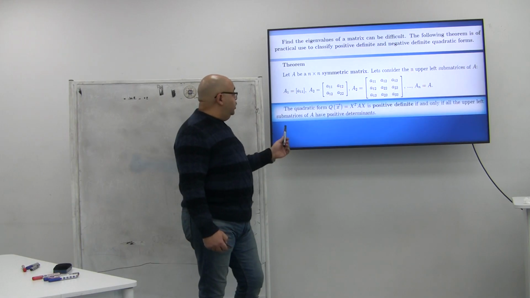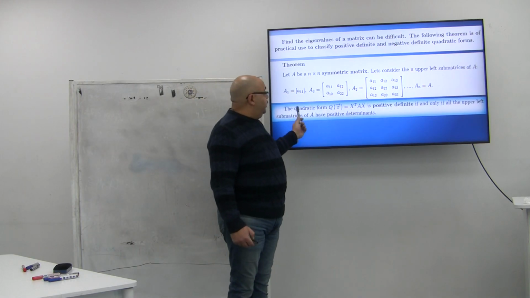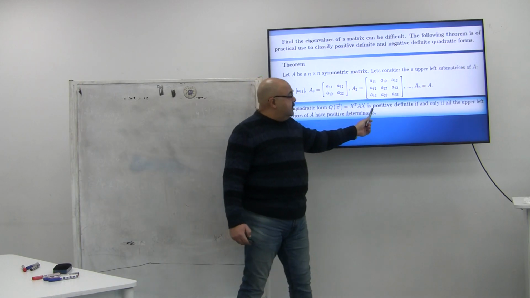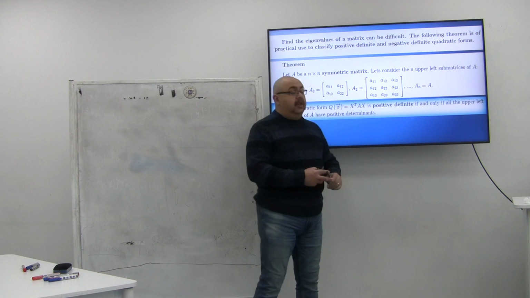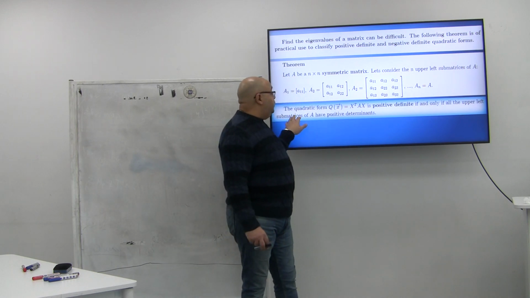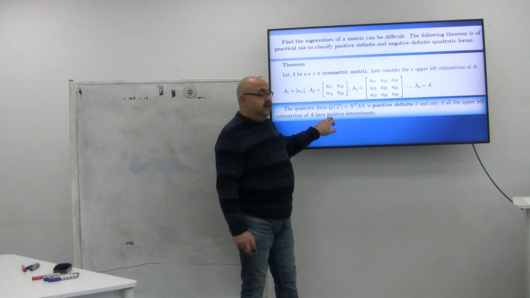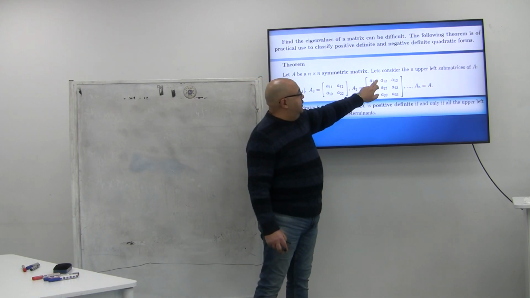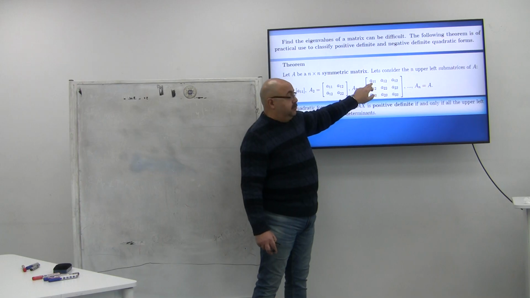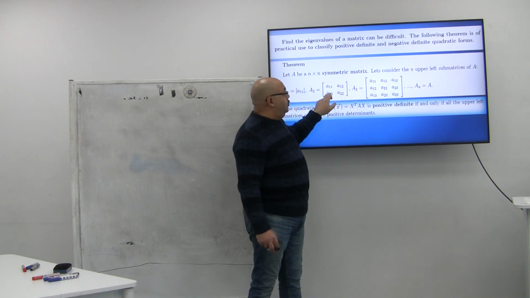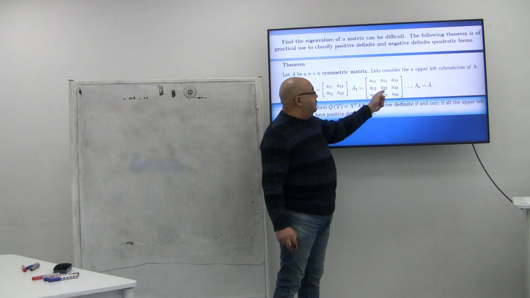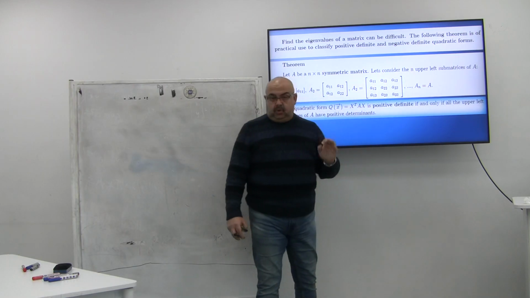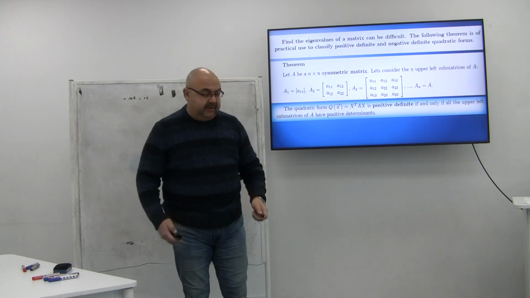The first definition states that the quadratic form Q of x, x transpose A x, depends on A. It's positive definite if and only if all the upper left submatrices' determinants are positive. So if the determinant of A1 is positive, the determinant of the 2 by 2 matrix sharing the same principal diagonal is also positive, and the determinant of the whole matrix is also positive, then I will have positive definite.